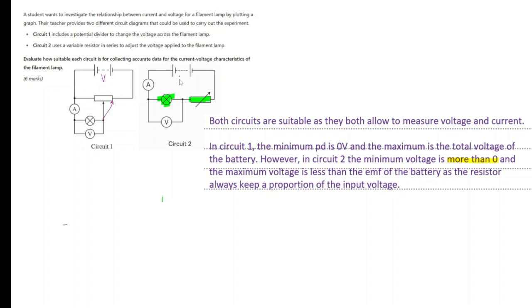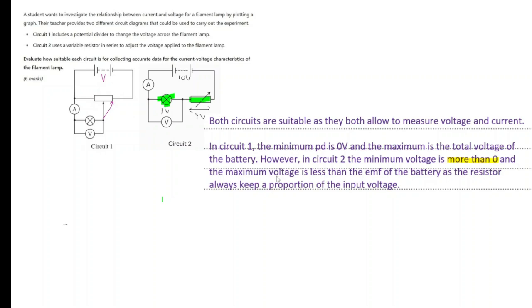Now, imagine this is 10 volts. This will take, at maximum, let's say 9 volts, 9.5 volts. However, the bulb will still get the remaining 1 volt. You cannot really make it 0. In the first one, if you connect it all the way to the starting point, you can make it 0. But in the second one, you cannot.